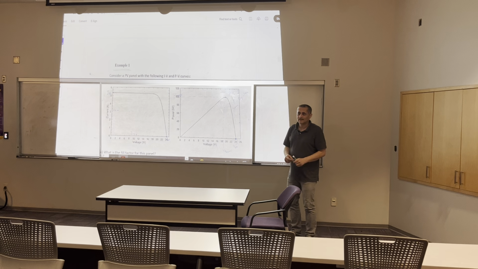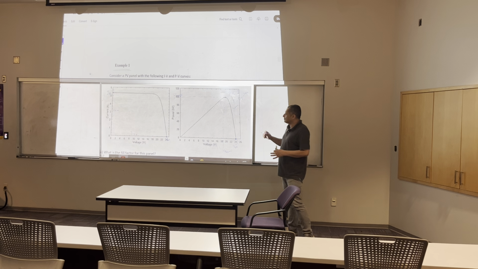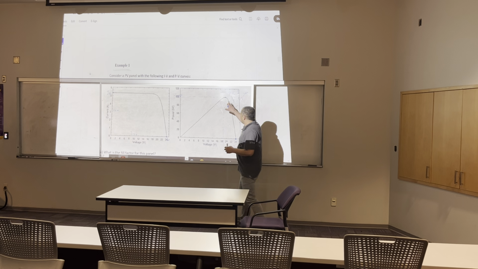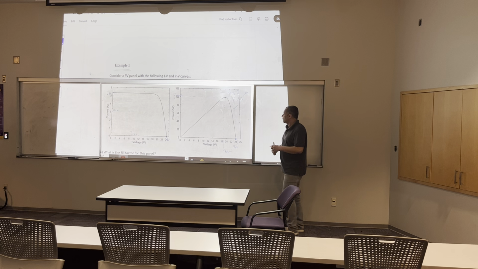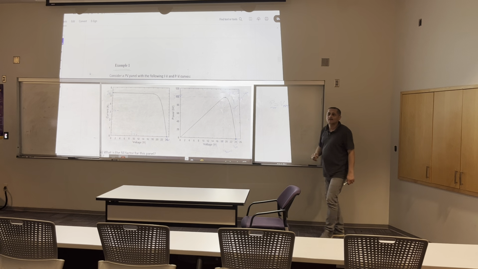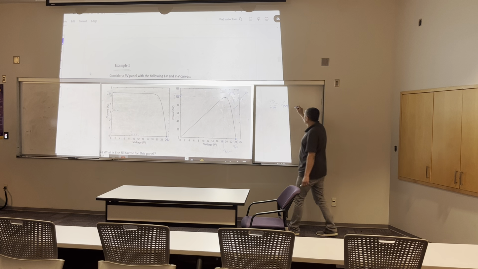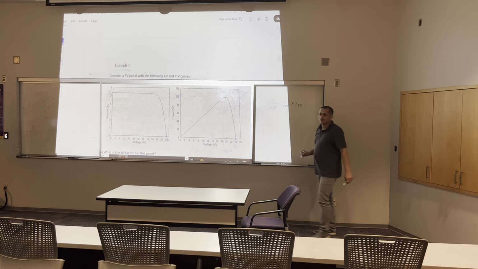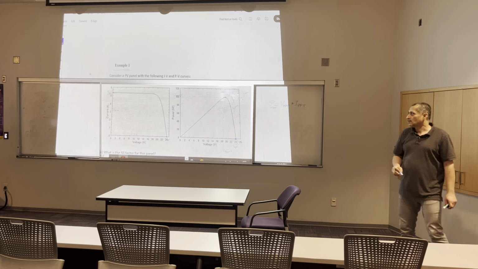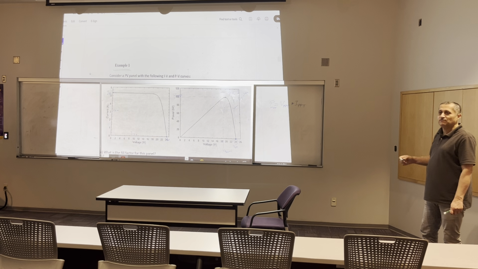Any question? Now we can calculate P max from this curve or from another relation. P max equals V at MPPT times I at MPPT.